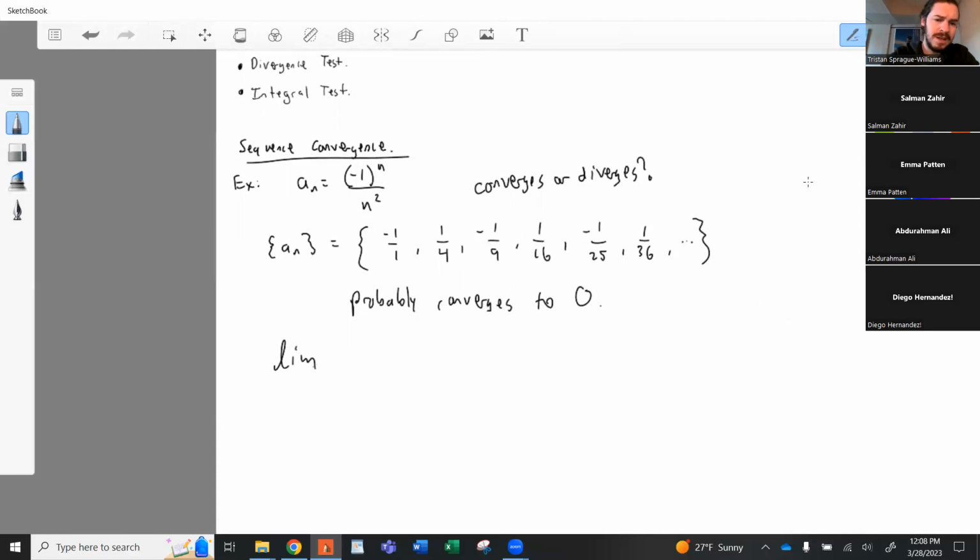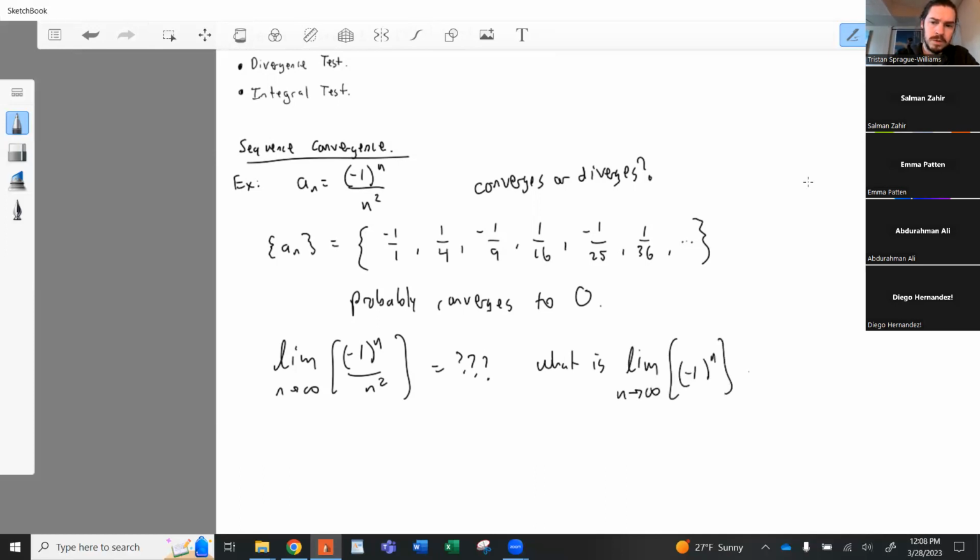Well, can you just do the limit as n approaches infinity of (-1)^n over n squared? What would that even be? I mean, what is the limit of the numerator, for example? It doesn't exist, right? Because it's oscillating between 1 and -1.